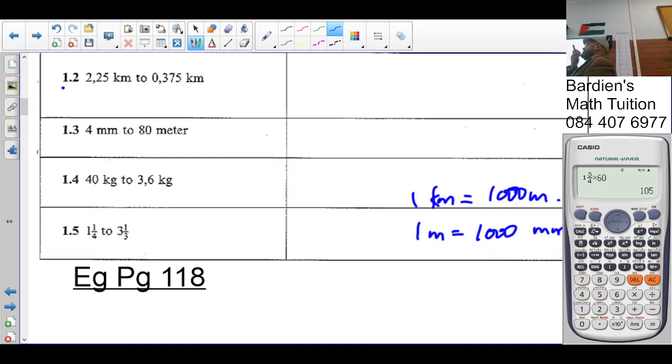Sorry, my mistake. How many centimeters are there in a meter? 100. So that's one you must write down, if you didn't know that one. How many millimeters are there in a centimeter? 10. Right, so write that down again. Okay?